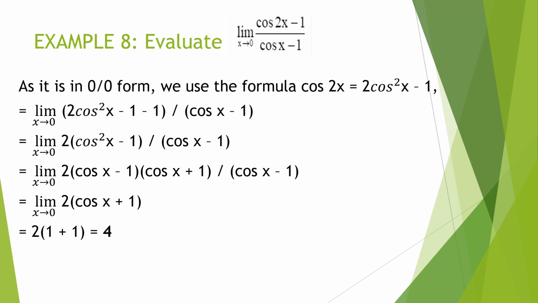So numerator will be 2 into cos x minus 1, cos x plus 1 upon cos x minus 1. Cos x minus 1 will get cancelled out. So ultimately you are having limit x tends to 0, 2 into cos x plus 1. Now you put x as 0, you know cos 0 is 1. So it is 2 into 1 plus 1, which is equal to 4. So the limit of this function is 4.